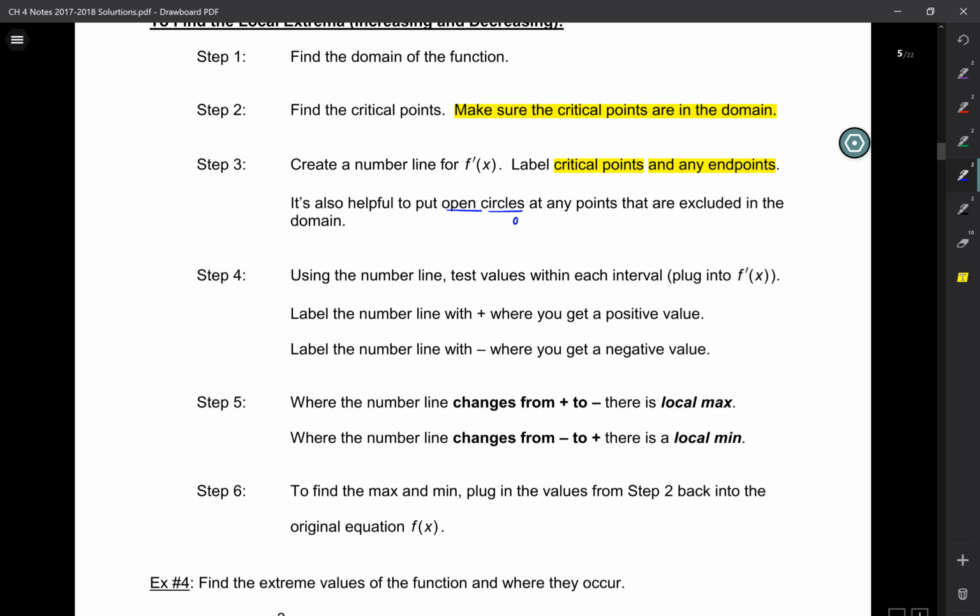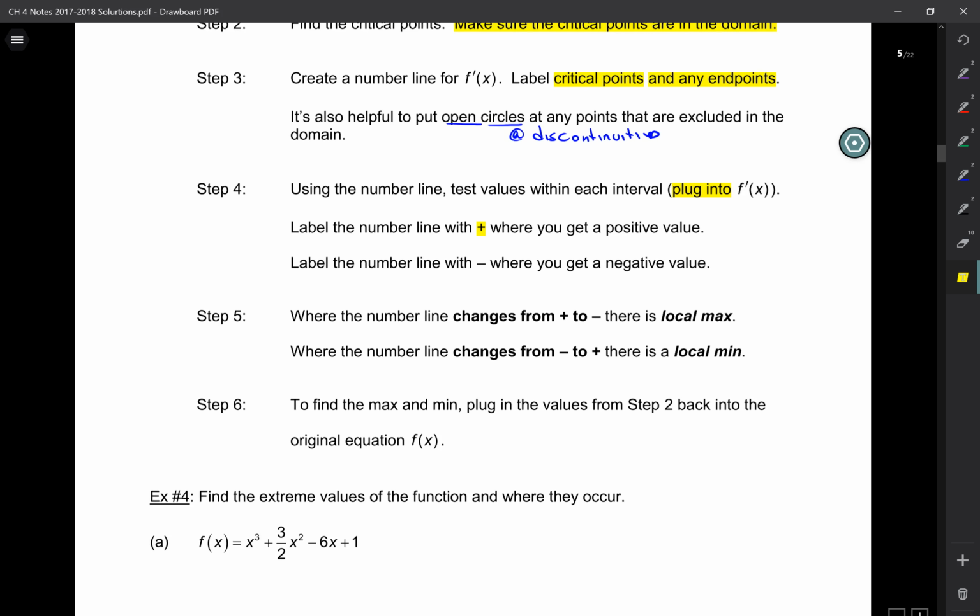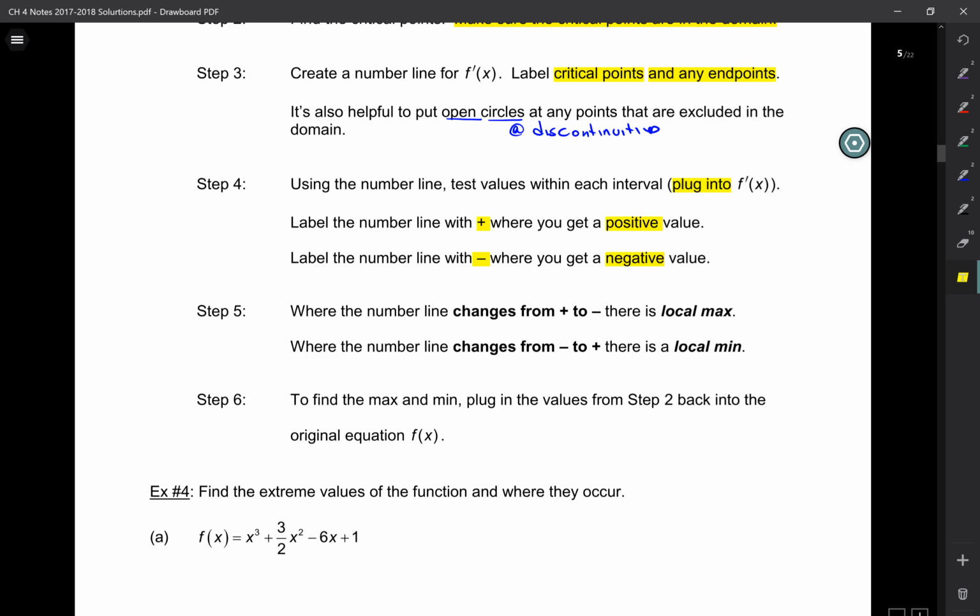Okay, using the number line, we have to test values, so we plug values into f prime of x, and label the number line with a positive where you get a positive value, negative where you get a negative value.